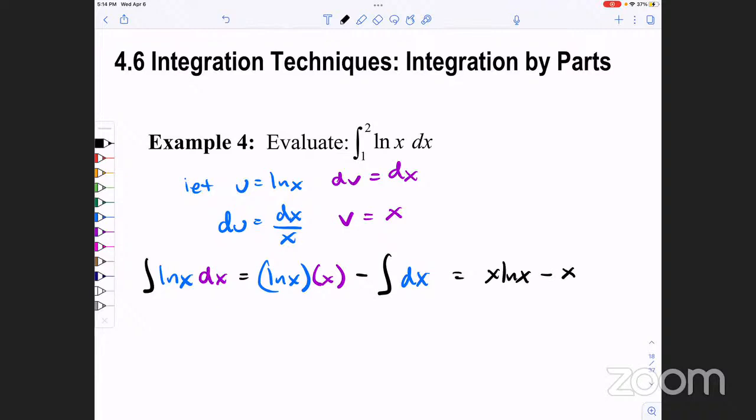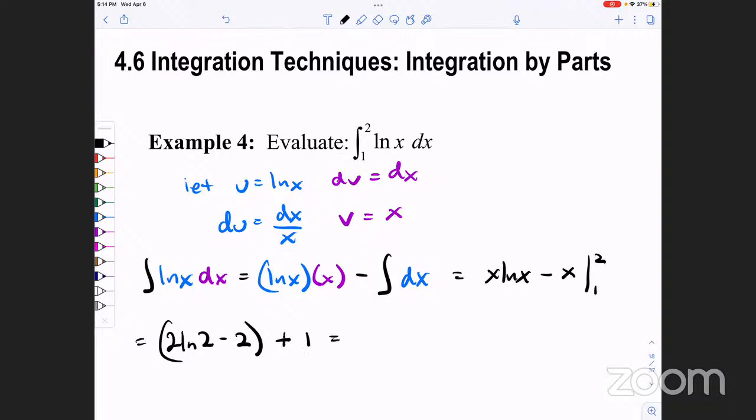Now we're ready to put the limits of integration back. We want to evaluate this as x goes from 1 to 2. So when we plug in 2, it's going to be 2 natural log of 2 minus 2, and then minus the natural log of 1, which is 0. So minus a negative 1 essentially becomes plus 1.